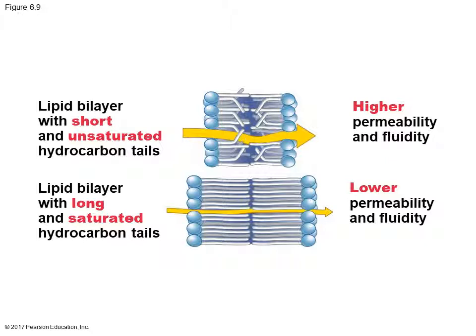That kink creates greater spacing, and with greater spacing, molecules can move more readily across the membrane or boundary layer. With an increase in tail length and an increase in saturation, there's a decrease in permeability. I love this diagram. I hope you understand it thoroughly.